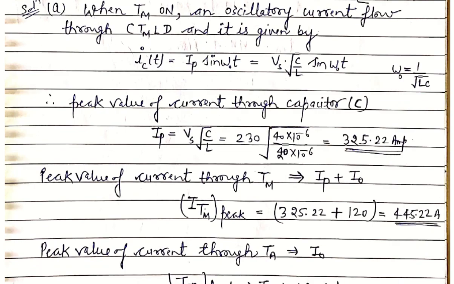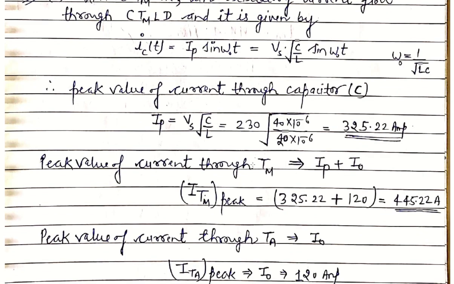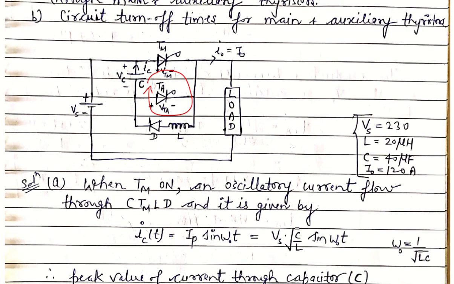Now we calculate the peak value of current through Tm, the main thyristor. As seen in the diagram, in the first mode of conduction, when the main thyristor is on, the current already passing through it is I naught, because in steady state I naught is constant, as dictated in the problem statement.